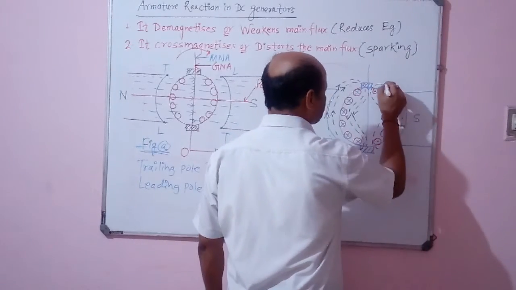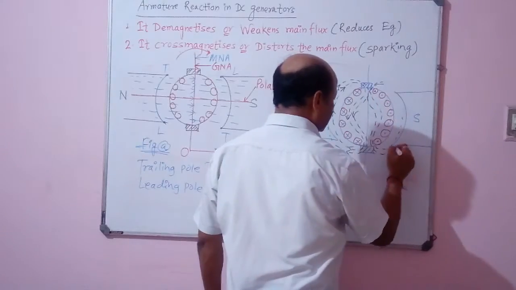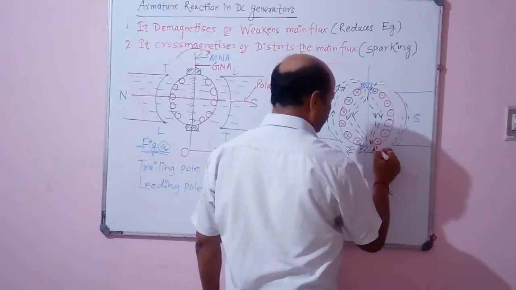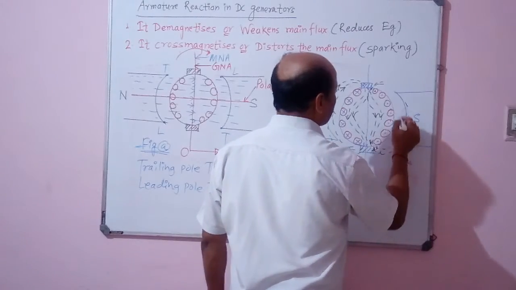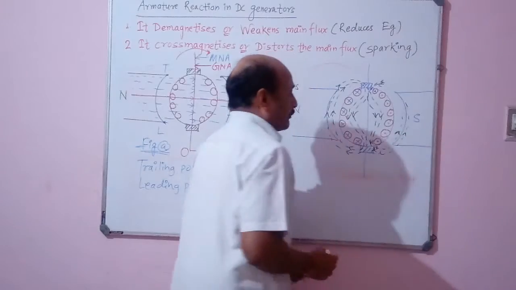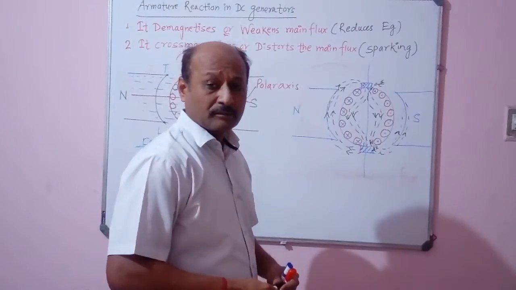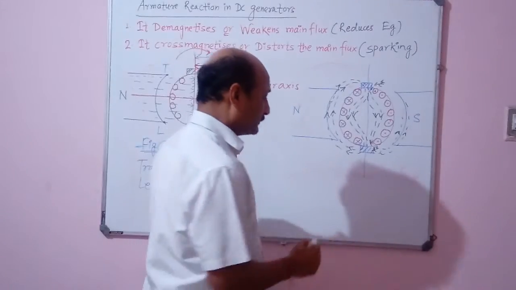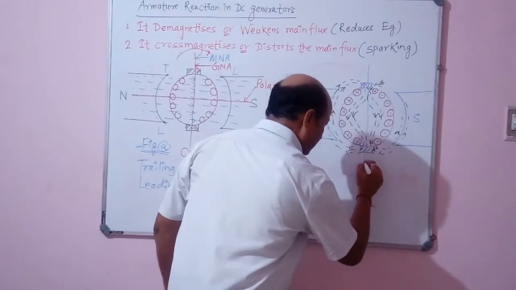So what does it mean? Both the conductors under the influence of the N pole and S pole produce a magnetic field, and both have the downward direction. So what is the resultant flux?